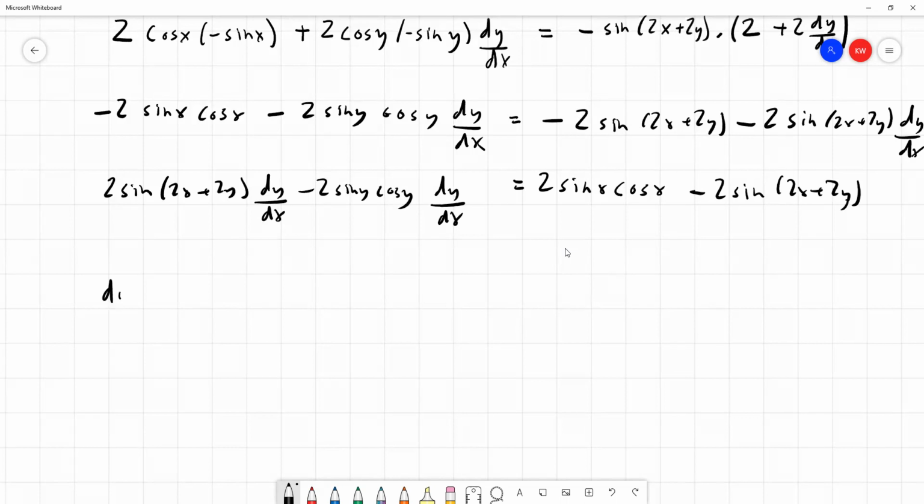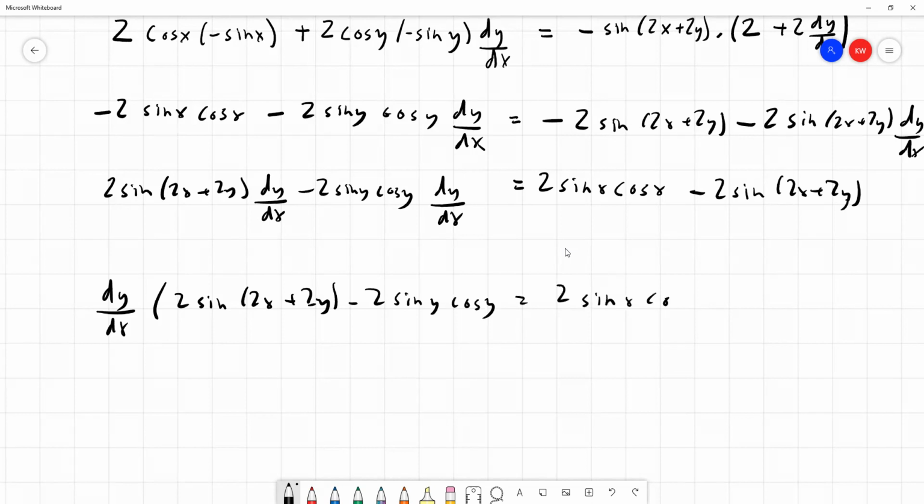We group dy by dx over here as a common factor and write out everything that's been multiplied by it. So here's our terms without that dy by dx. The right-hand side we're doing nothing to just now because we're quite happy we've gathered all of our non-dy by dx terms over here.